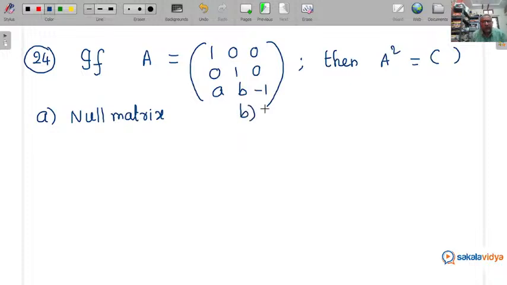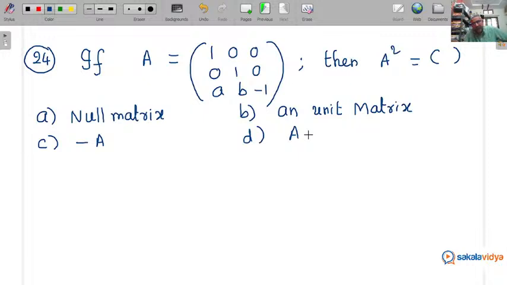Option B is an unit matrix. So C, unit matrix means identity matrix only. Negative A. D is A means idempotent matrix only. So that means you need to find out A square value.